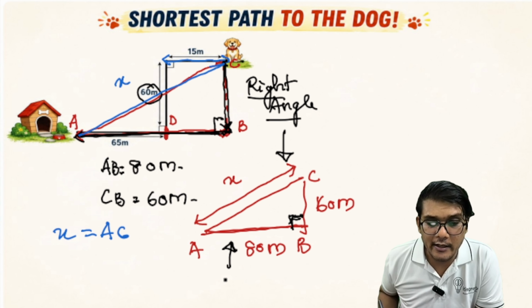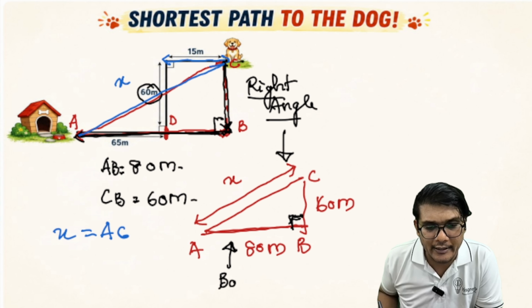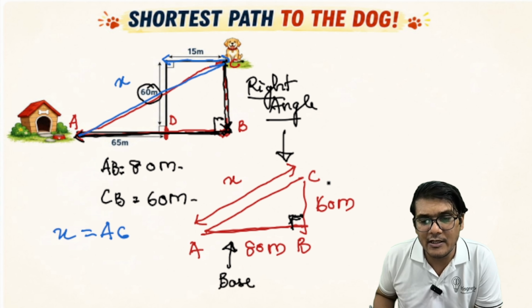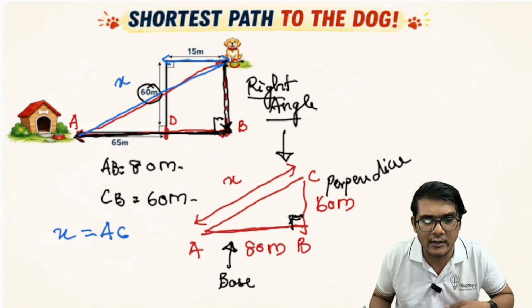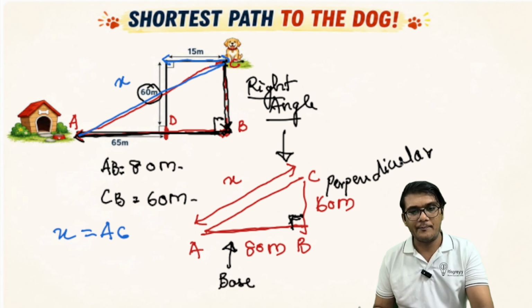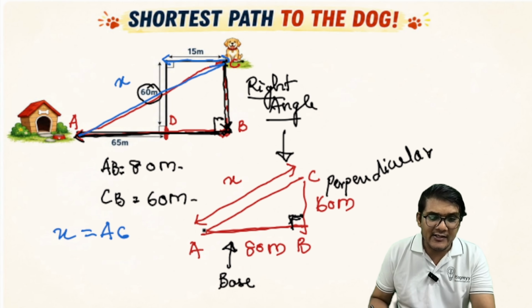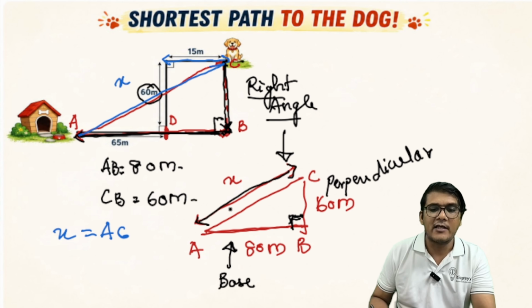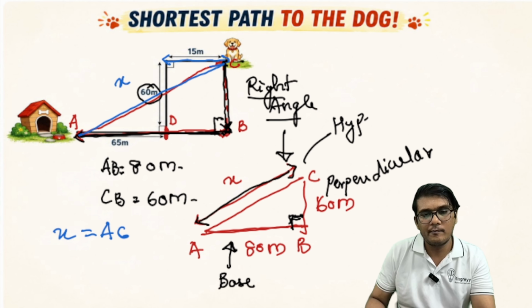Now in a right angle triangle, this side AB is the base. This side CB is the perpendicular. And this side AC, which we have denoted with x, is basically the hypotenuse.